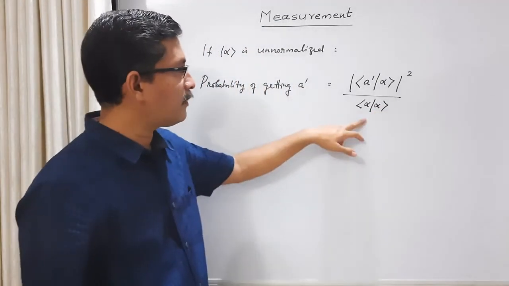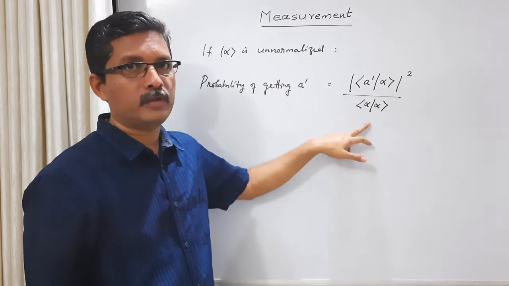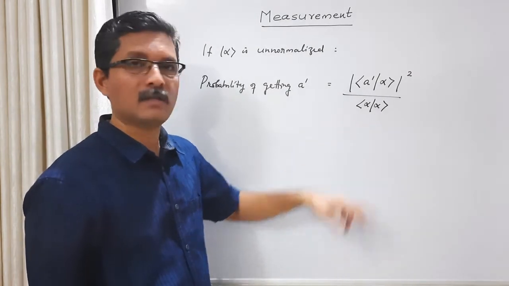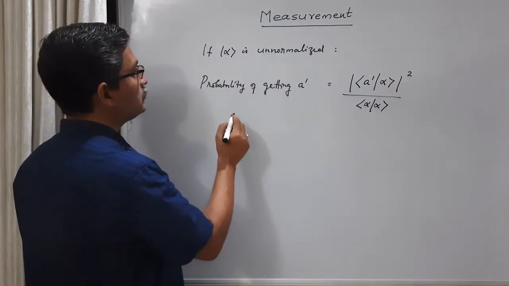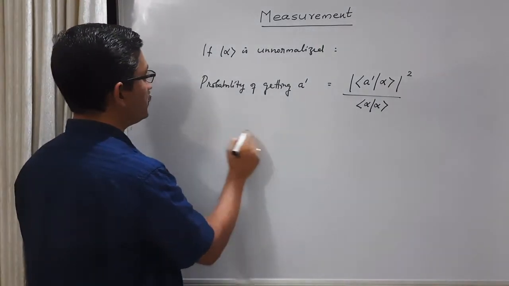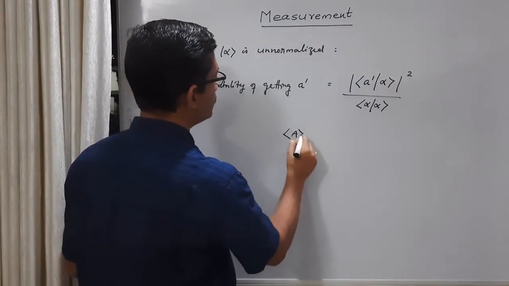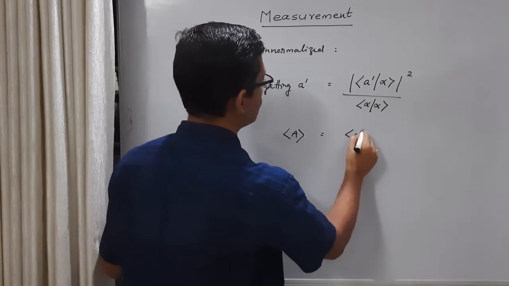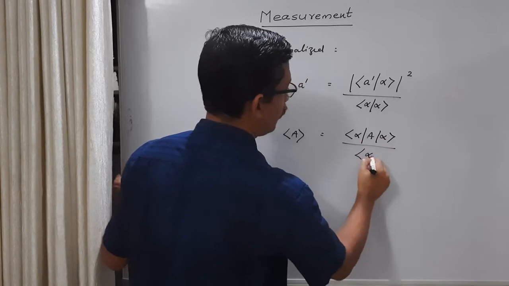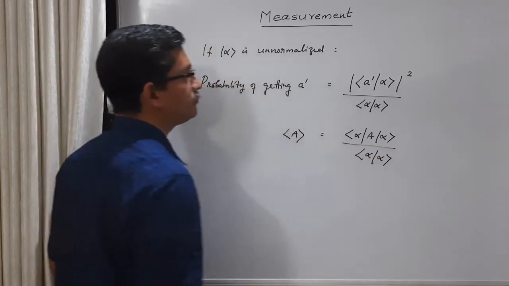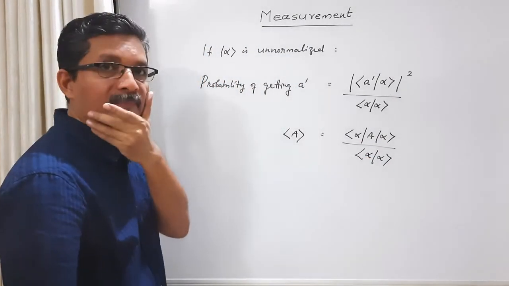You have to divide with the norm of the ket alpha. Okay, and what is the expectation value? Okay, expectation value of A is, again you have to divide with the norm of alpha.